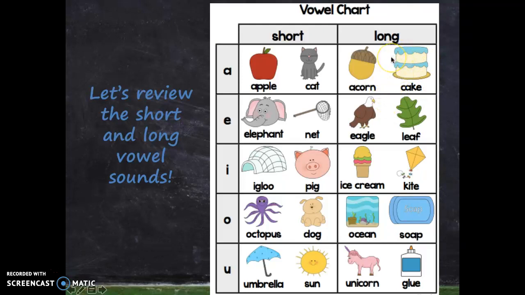They always say A, E, I, O, and U. The short vowel sounds always say A as in apple, eh as in elephant, I as in igloo, ah as in octopus, and uh as in umbrella.